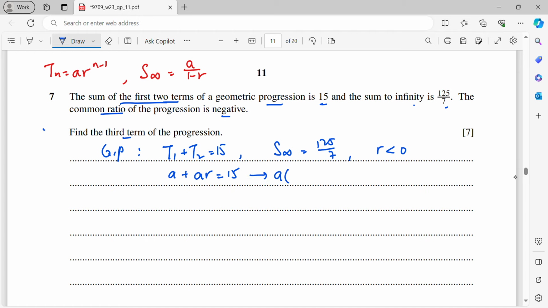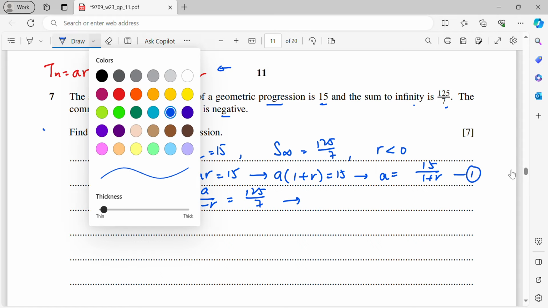By factorizing A, you get A times 1 plus R equals 15. Therefore, my A is 15 over 1 plus R. This is my first equation. When S infinity is 125 over 7, just use the formula: A over 1 minus R equals 125 over 7. Then from here, I use cross multiplication.